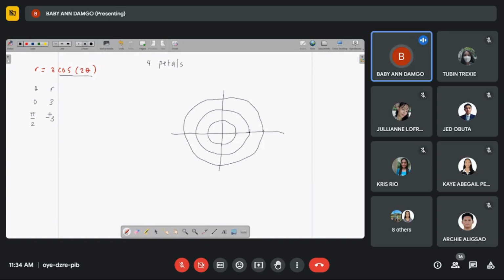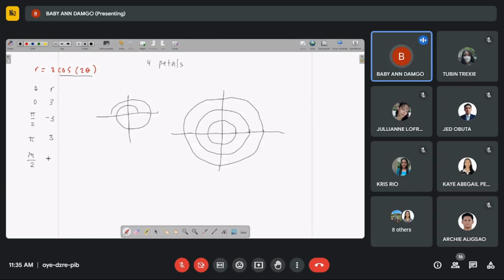Next, when theta is pi, it's cosine 2 pi. So cosine 2 pi is positive 1 times 3, so we have 3. Next, we have 3 pi over 2, in which it has one revolution, and this is the same with pi.